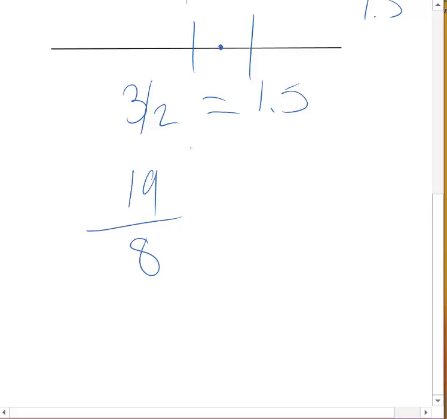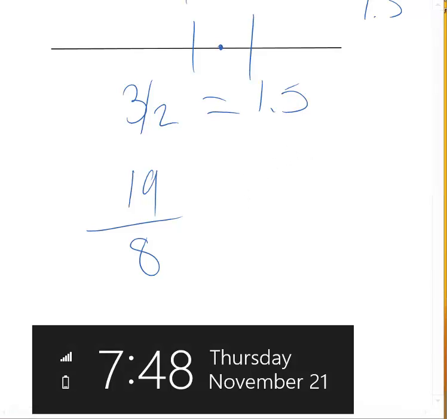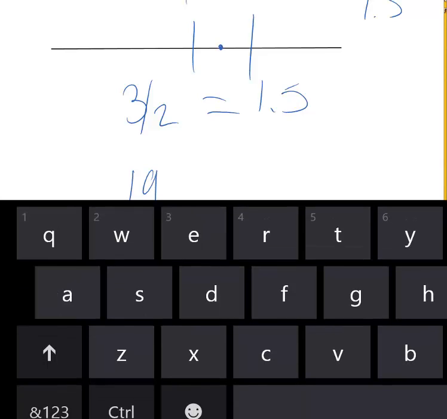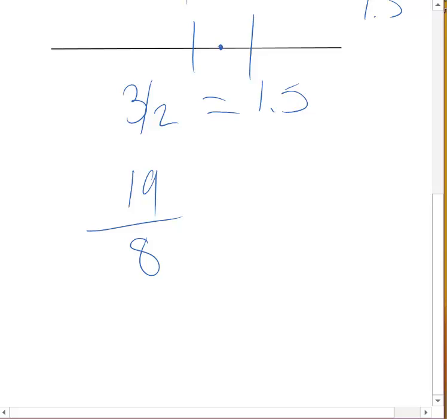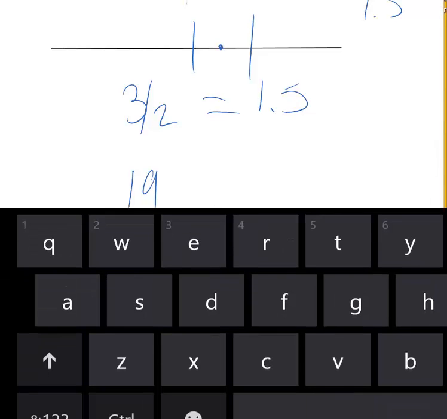Dividing 19 by 8, well, since you already saw my computer, let's pull up a calculator. Let's divide it.